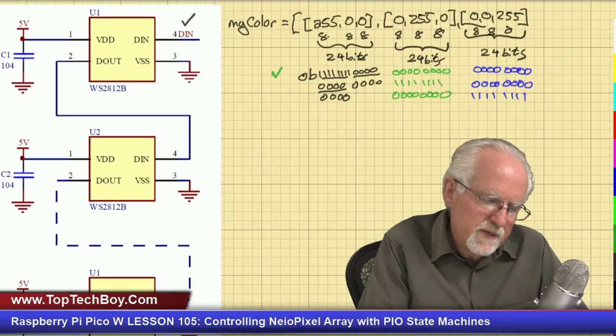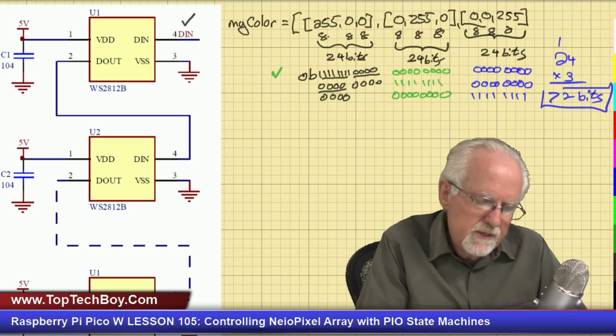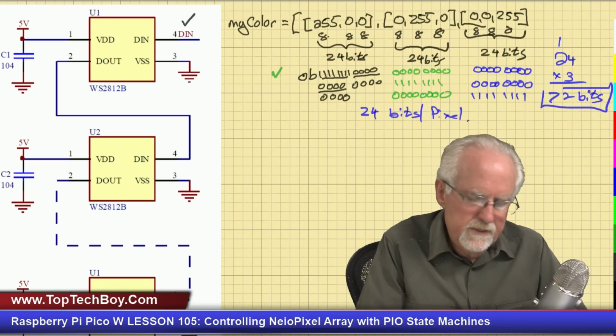Okay, so we've got exactly 24 times 3, which would be 72 bits that we're going to pass all together, but it is 24 bits per pixel. Okay, does that make sense?